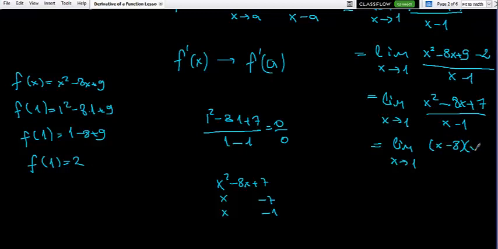Minus 7 times x minus 1 over x minus 1, and it's equal to the limit as x tends to 1. When you simplify, this is x minus 7.